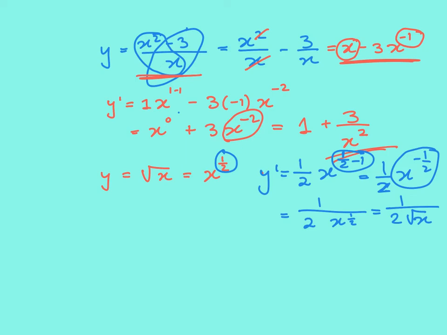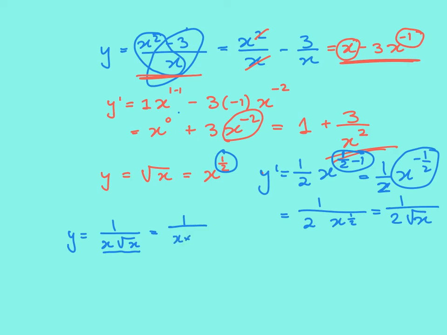So I think I may do one more. Let's have a look at this one here. y is equal to 1 over x times square root of x. What I would do here is rewrite the square root of x in index form.